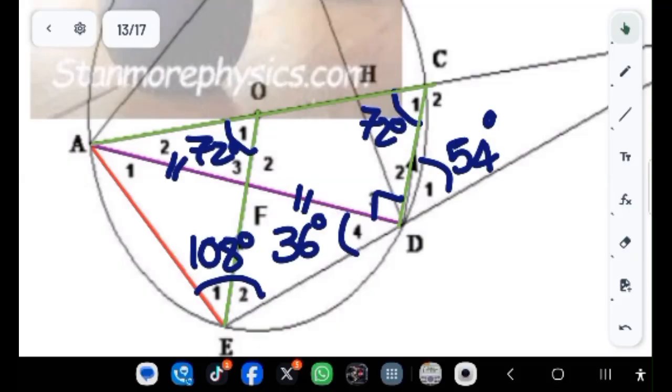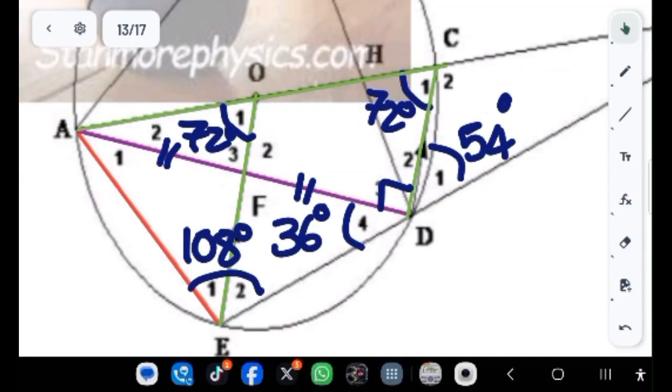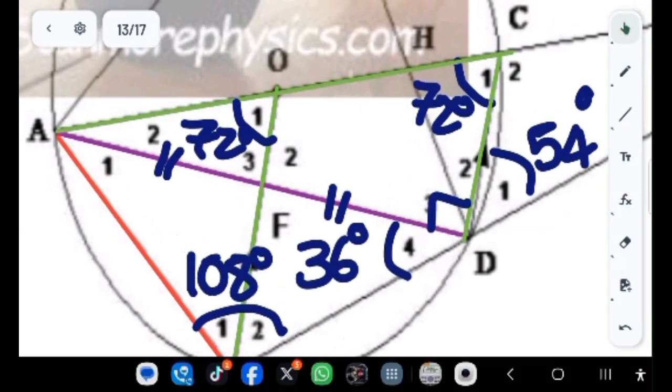How do we do that? Let's find the size of the angles. So we've got 72 degrees over here.